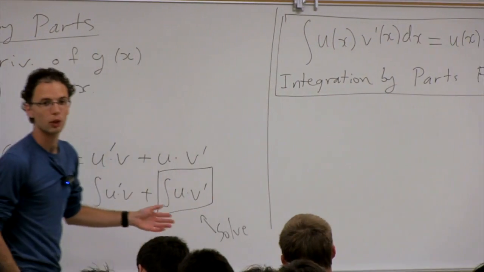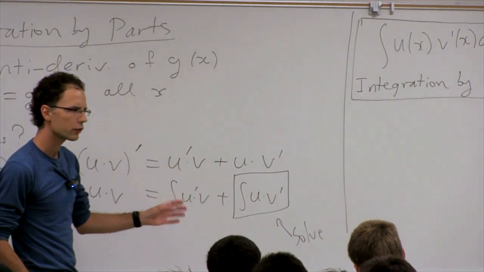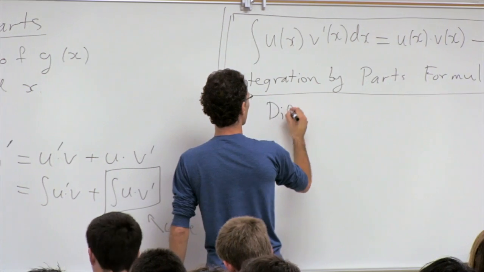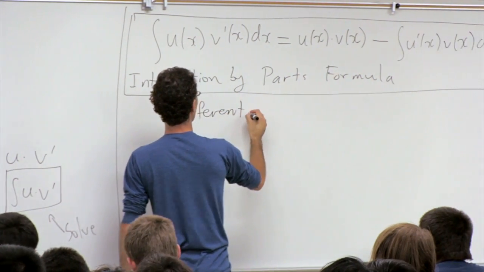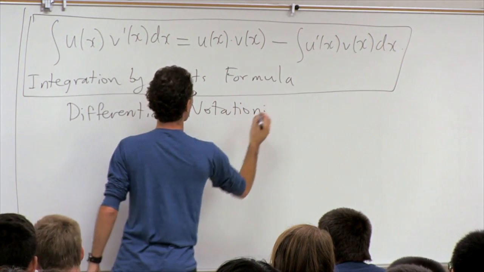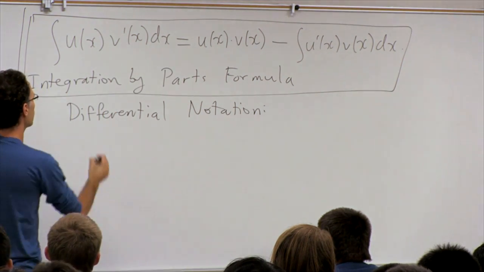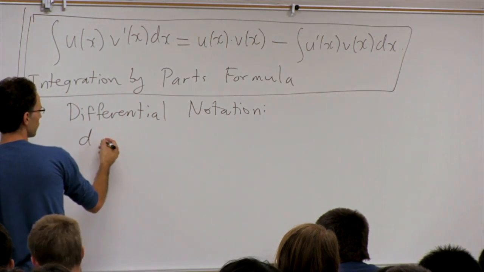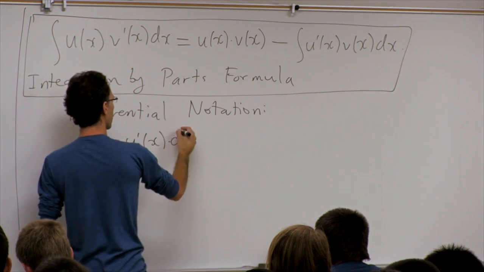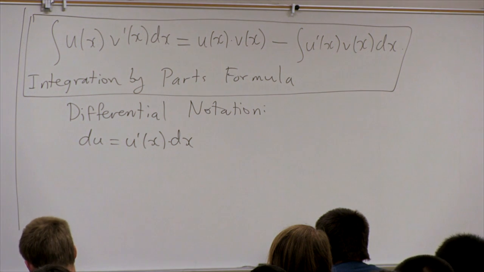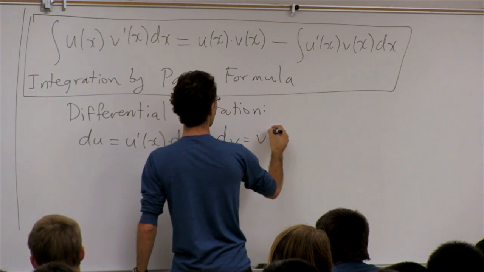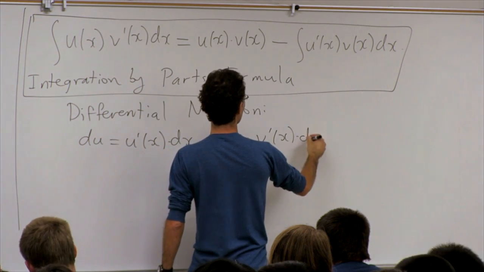So before I give an example, let me just remind you of differential notation, which is just a more compact way of writing this. And the idea of differentials was we actually defined for functions u and v, the differential of u was just u prime times the differential of x, and dv was the derivative of v times the differential dx.